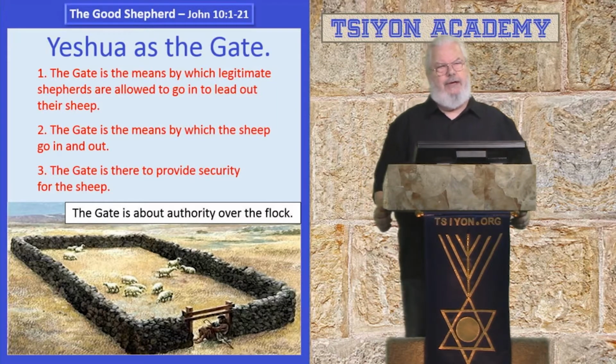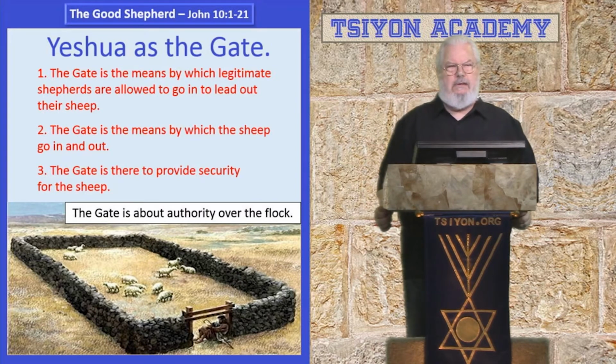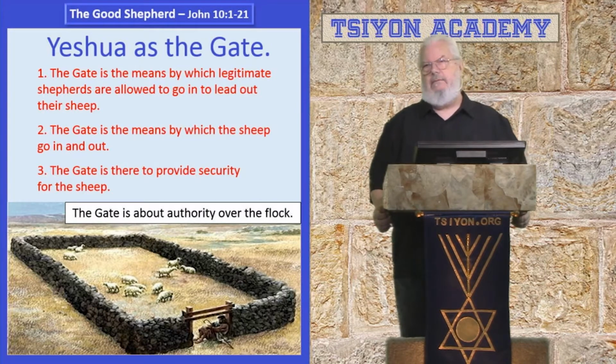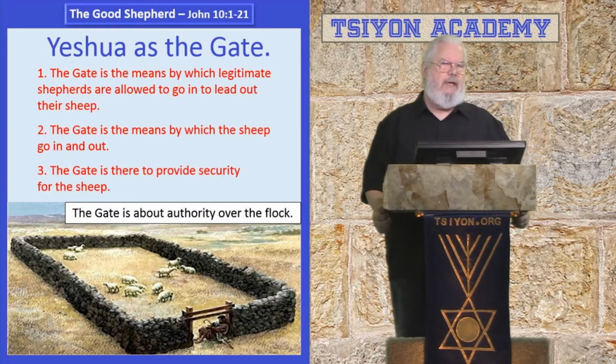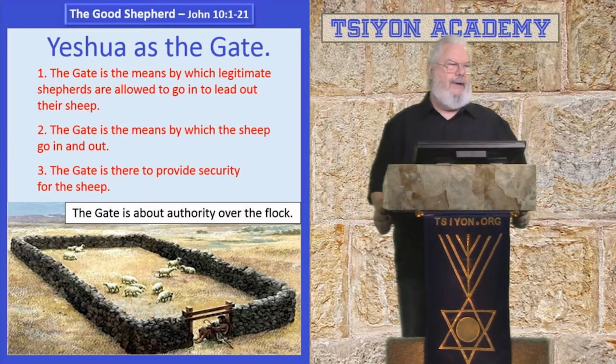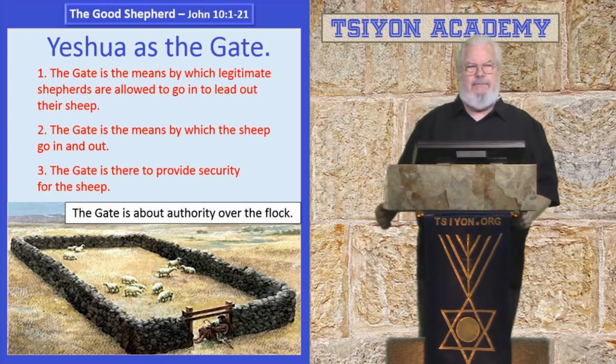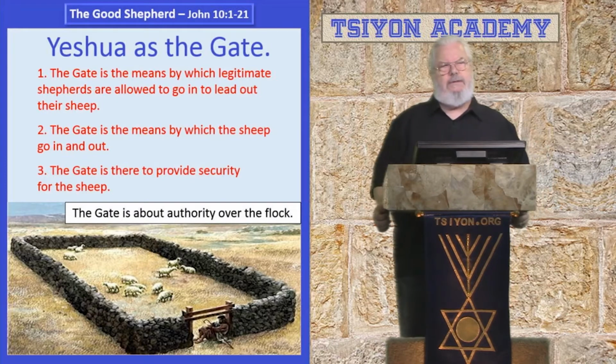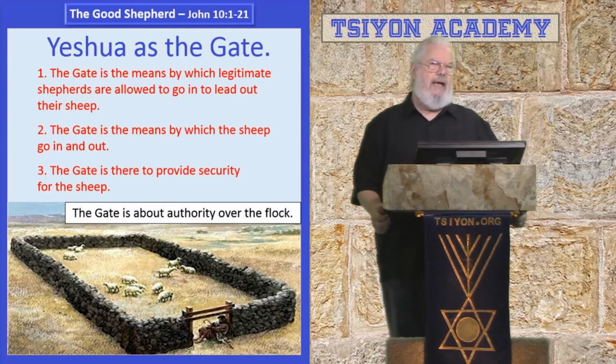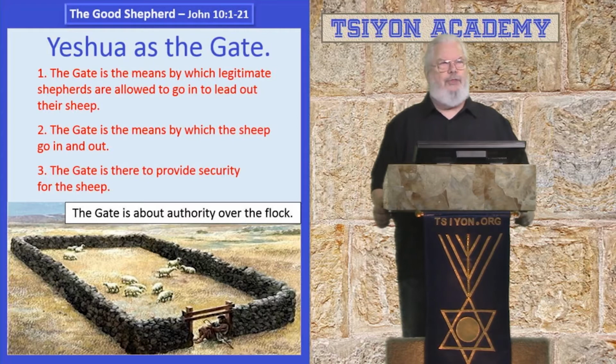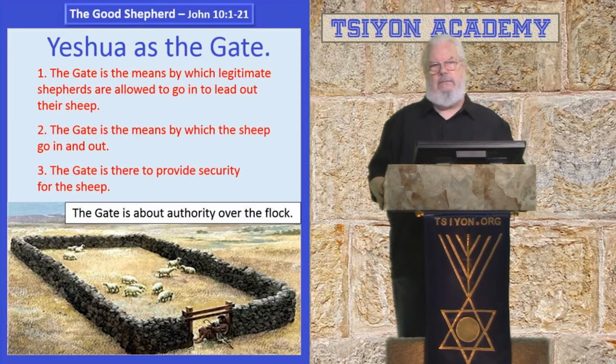Basically, what you're seeing there is a sheep pen. It's built up with a wall all the way around. Sometimes there might be a stone wall like this, but sometimes actual hedges with thorns were used. And there would be a gate at the opening.